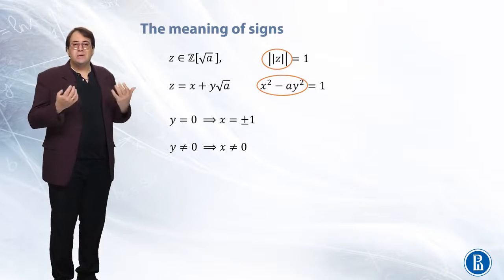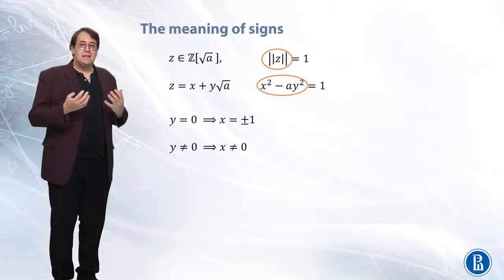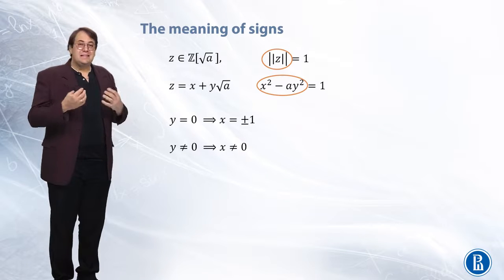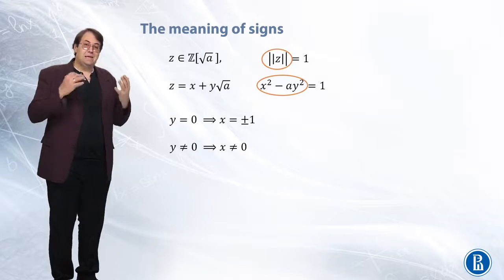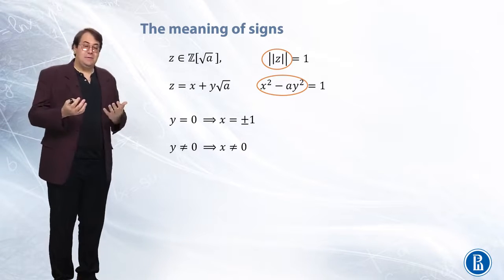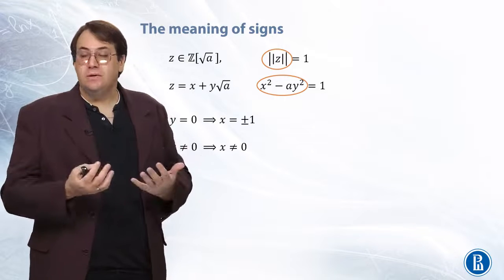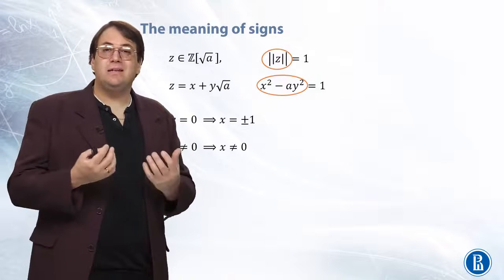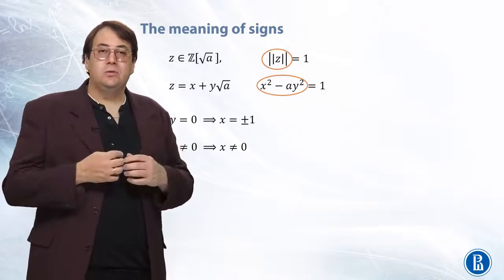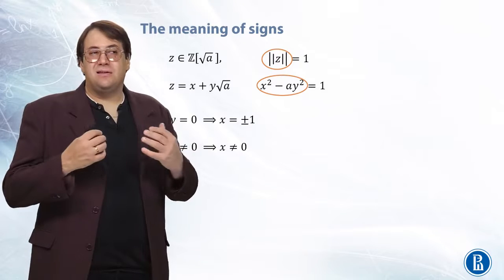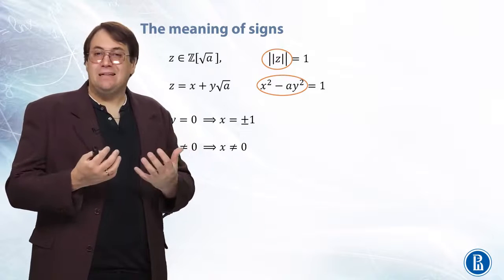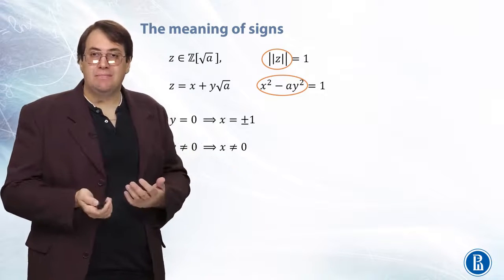So now I would like to discuss what these signs of x and y impact. It turns out that we can use the signs to determine the set to which z belongs.